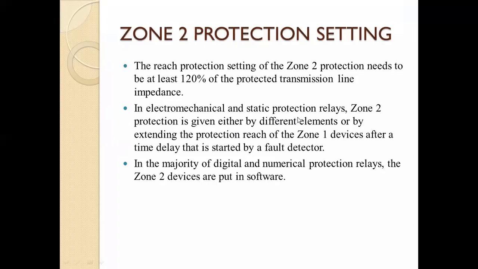So in this second zone, for protection purposes, we either use different elements, or we use the same relays which are in zone 1, by giving some time for the operation.